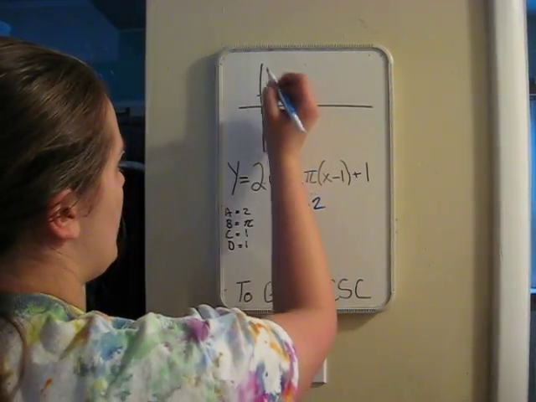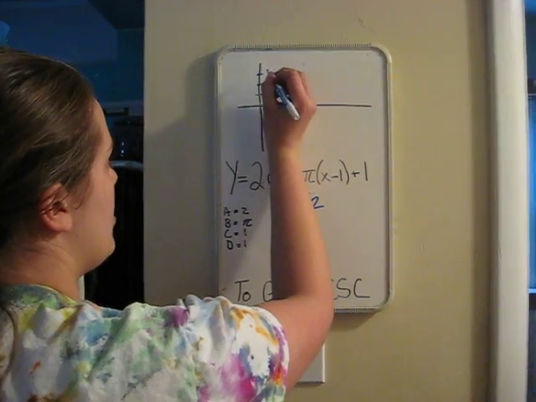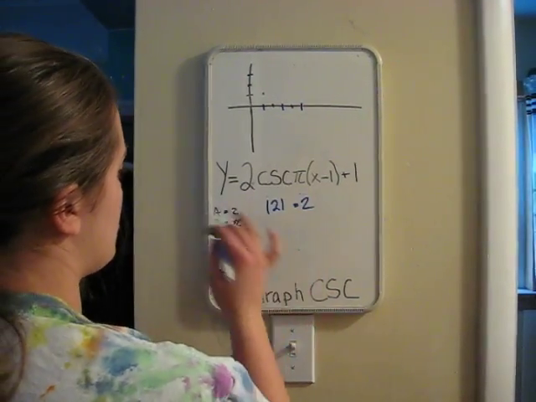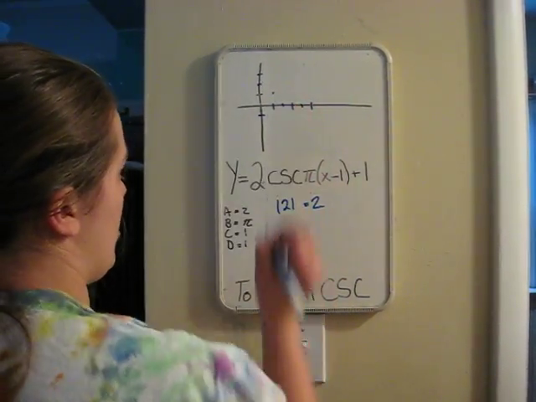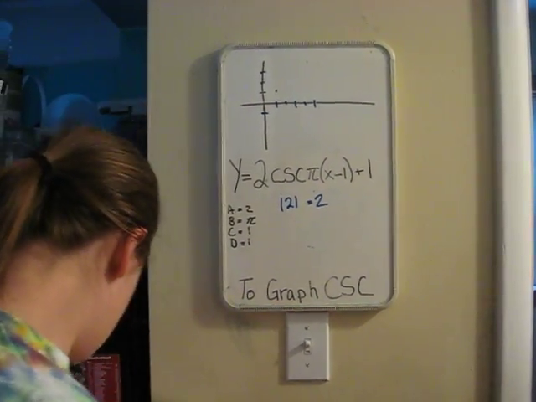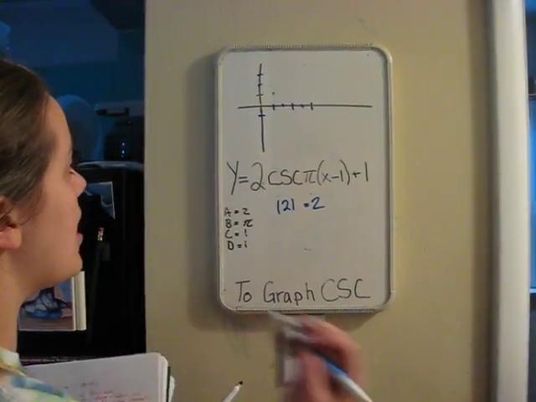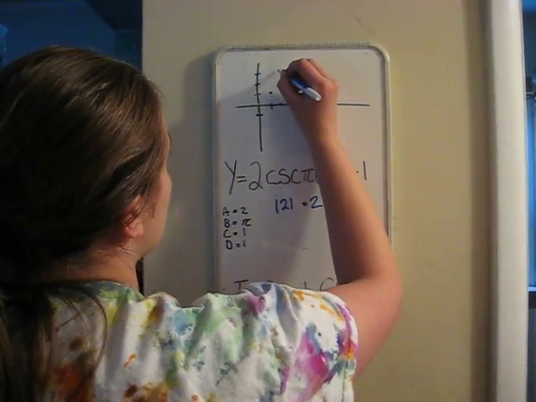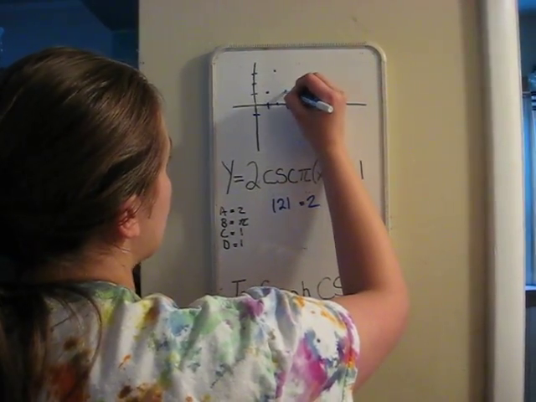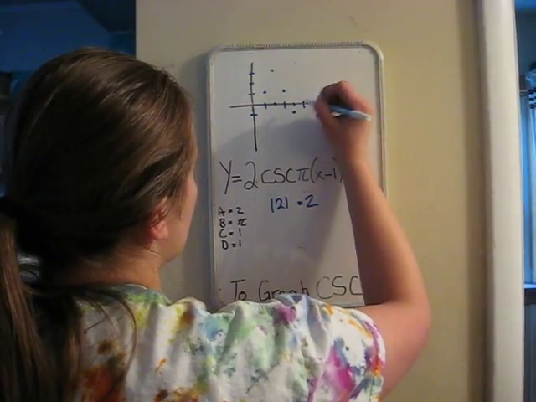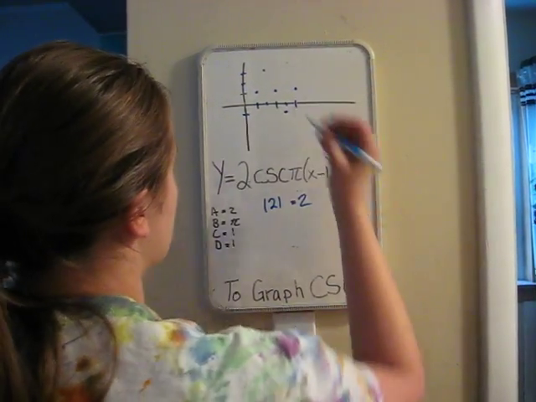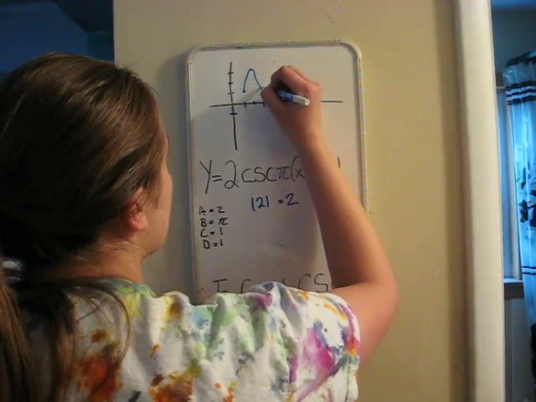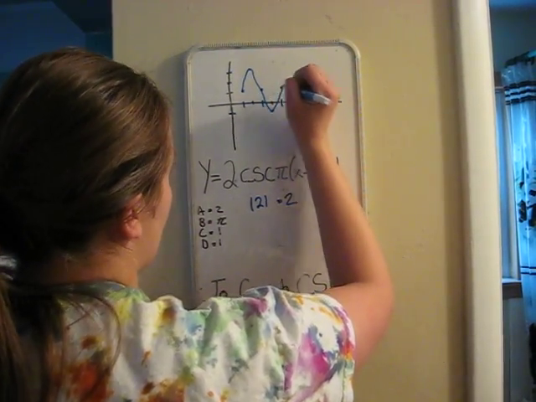So we're going to go 2 above 1, so up to 3, and we're going to go 2 below 1, which is negative 1. Now this is a positive sine graph, so it's going to start at an intercept, go to a maximum, come back to an intercept, go to the minimum, and back to the intercept. And that is the sine graph.